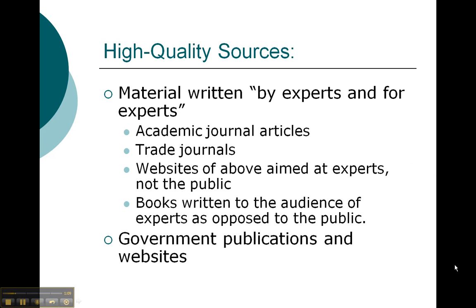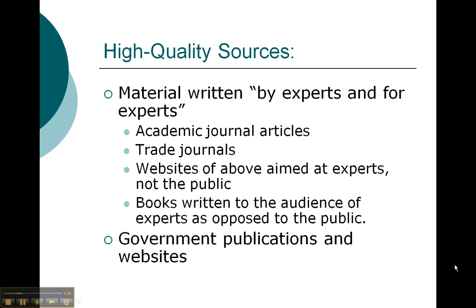Another thing that qualifies as a high quality source is any material written by an expert and for other experts in the field. We usually think of this as academic journal articles, which are written usually by college instructors for other people who teach in that discipline. But also, I would say that material written in trade journals is written by people who work in a certain field or a certain industry for other people in that industry.